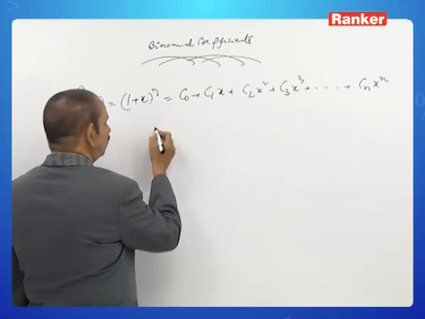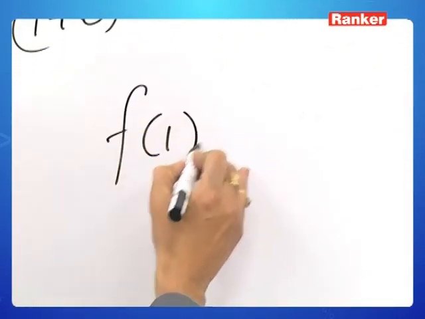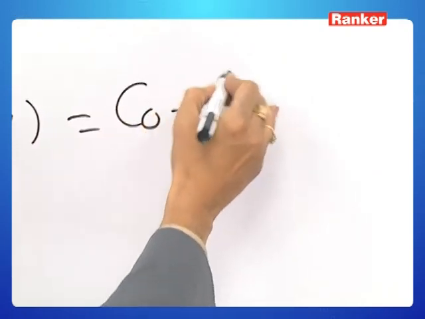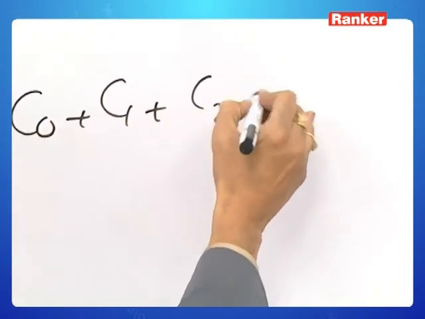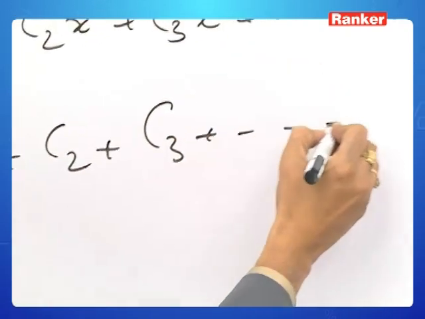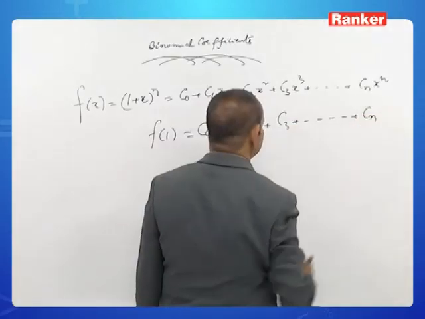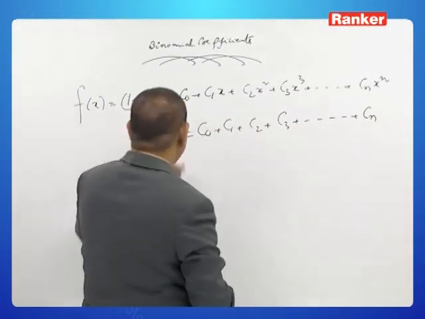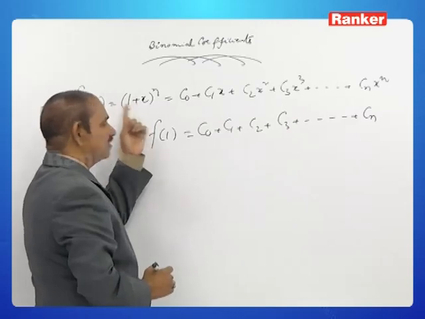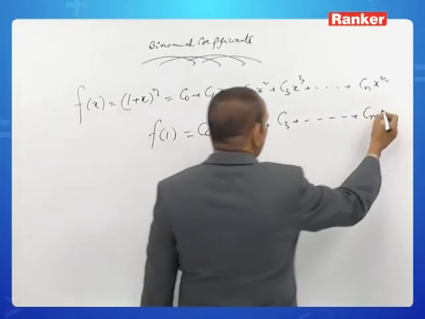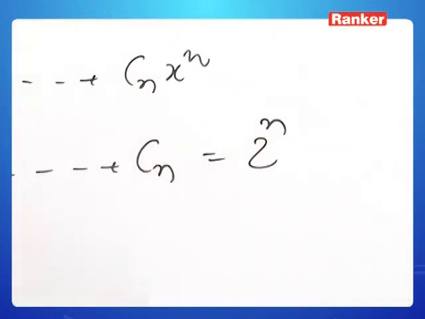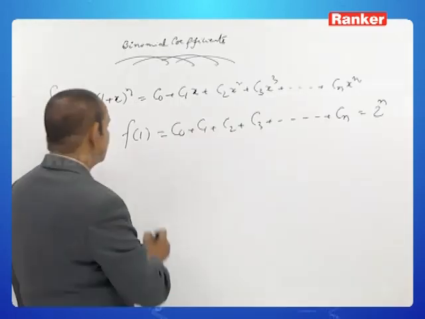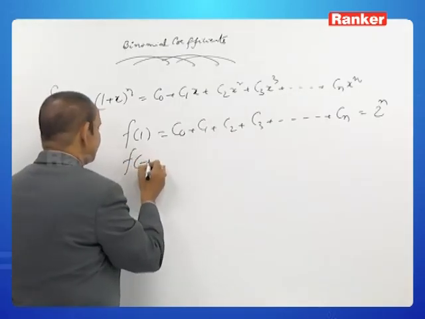Good. What is f of 1? You please calculate. f of 1 is C0 plus C1 plus C2 plus C3 etc. Cn. And if you place 1 in the place of x, you will have (1 + 1) to the power n, which is 2 to the power n.